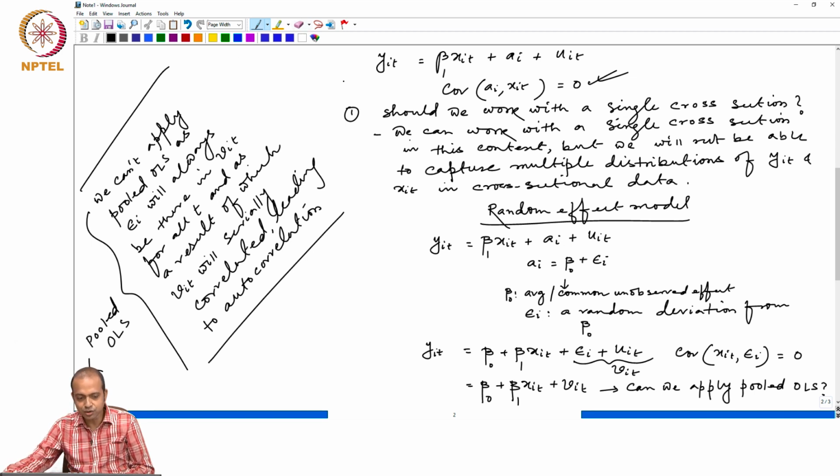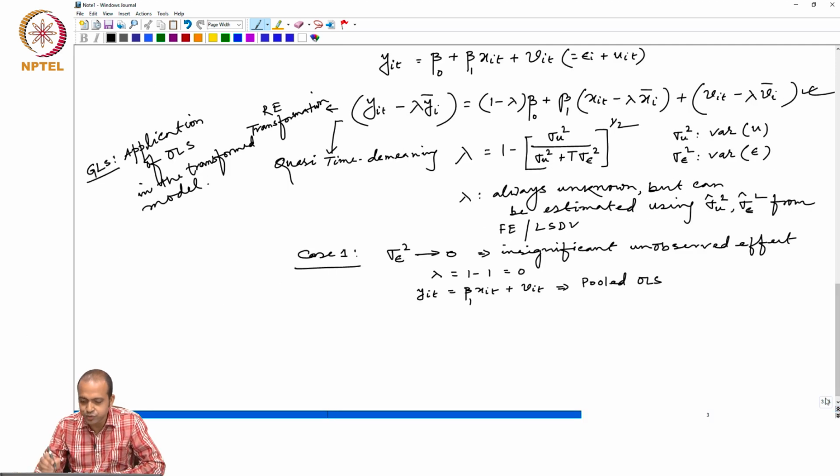If that is not significant, we can very well use a pooled OLS model. So pooled OLS is a specific case of this random effect transformation: when lambda equals 0, we get pooled OLS.